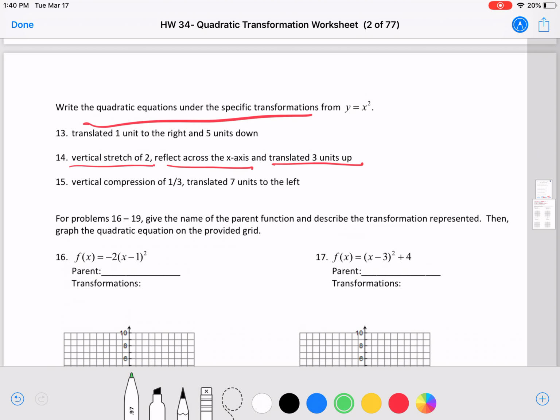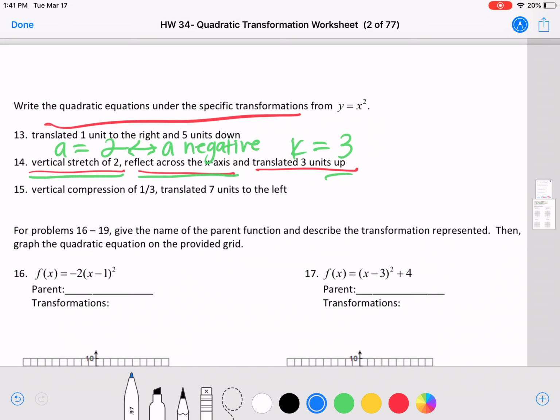So for example, the translation up, I know that's going to be a k value. So I know that k is going to have to be positive 3 since it's going up. If it's reflecting across the x-axis, I know a has to be negative if I want it to reflect. And then if it's a vertical stretch of 2, I know that a has to be 2. But because it's negative, it's going to be negative 2.